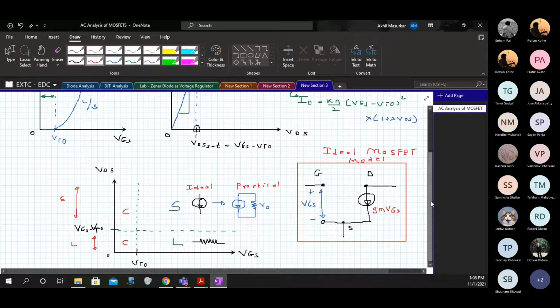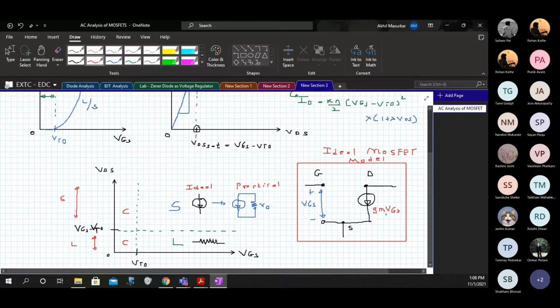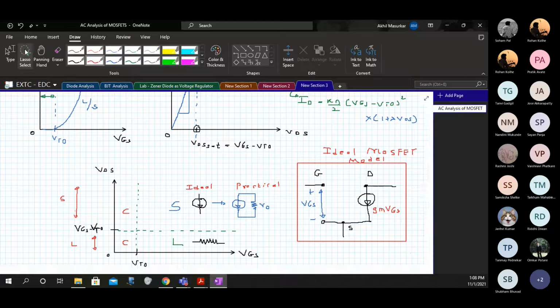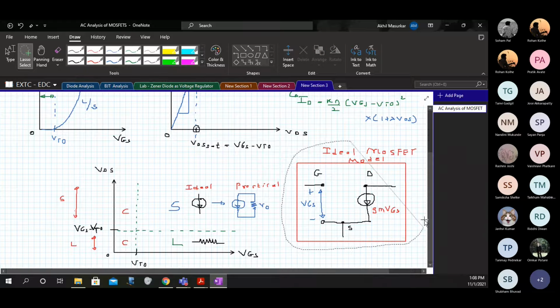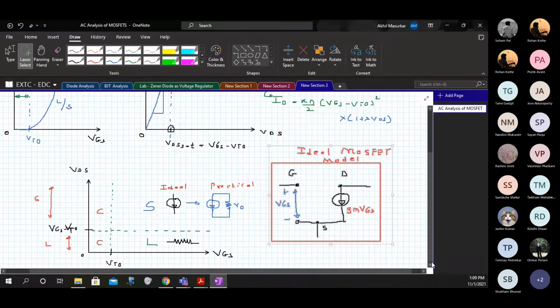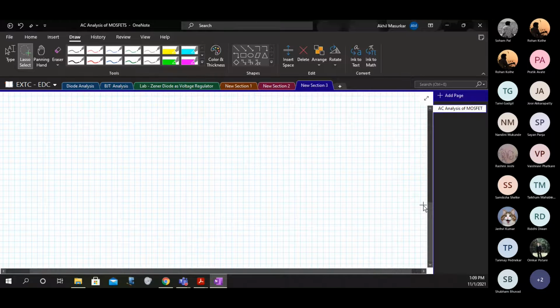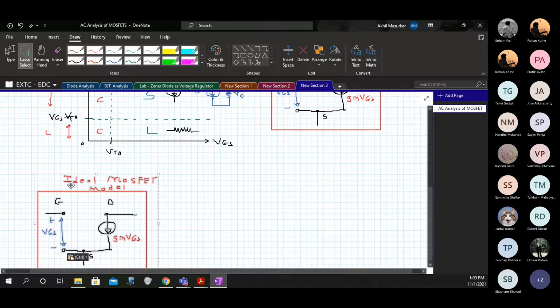But like I always say, nothing in this world is ideal. So we want to see a practical case. What we can do is, we can pick this up, and what if the channel length modulation is severe? Then what we will get is something like this.